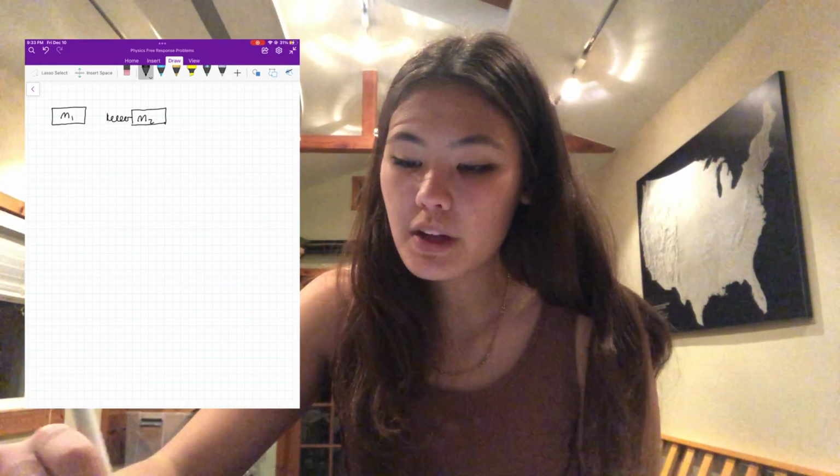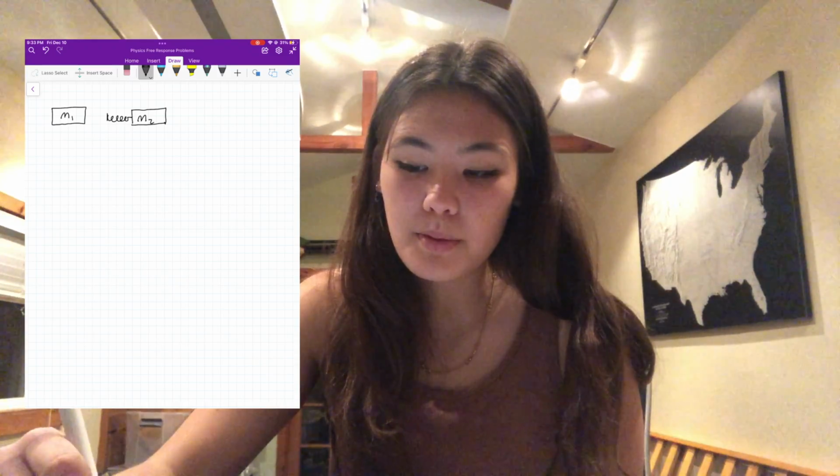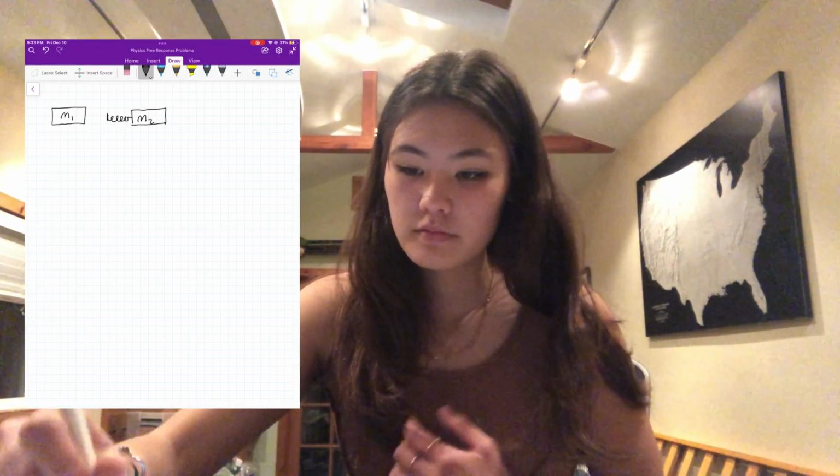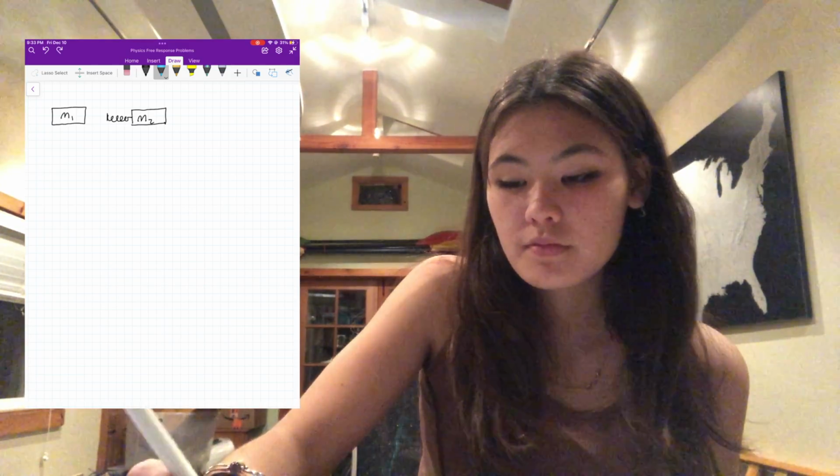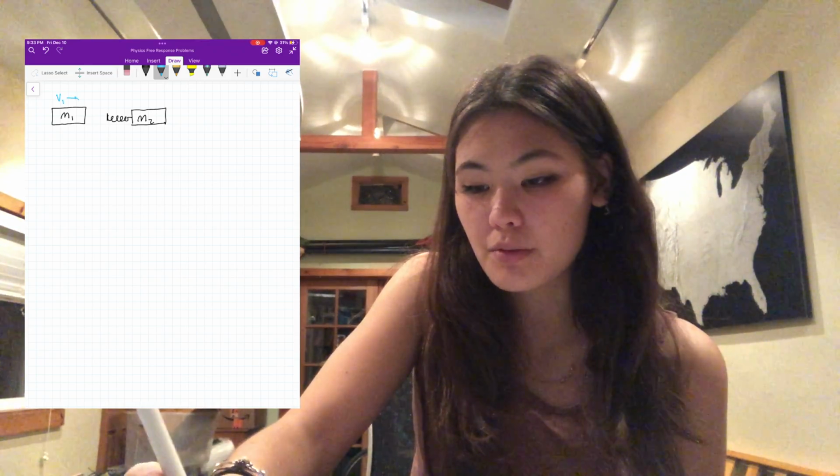And we can see that in this problem, cart 1 has an initial velocity, so we can say V naught of cart 1 is equal to 3.00 meters per second. And it is moving to the right.